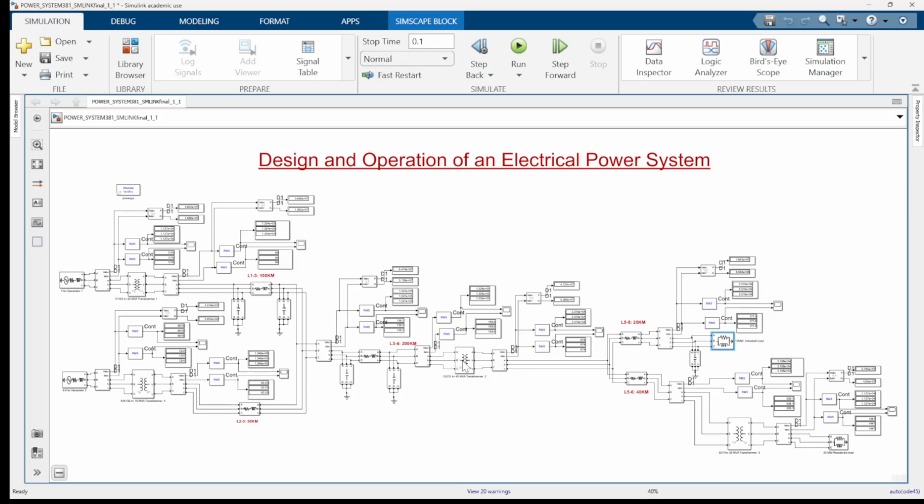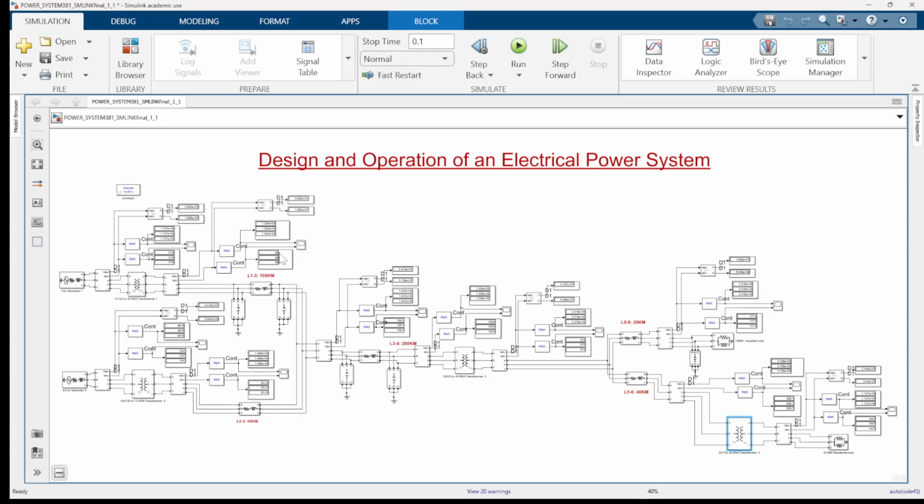So in the distribution side we have transformer number 2 and transformer number 3 which will step down the voltage. The power is generated on the left hand side of the model. It is stepped up to 132 kV, then transmitted through the long transmission lines. It is stepped down to supply the load at 33 and 11 kV. This is the overall overview of the Simulink model.